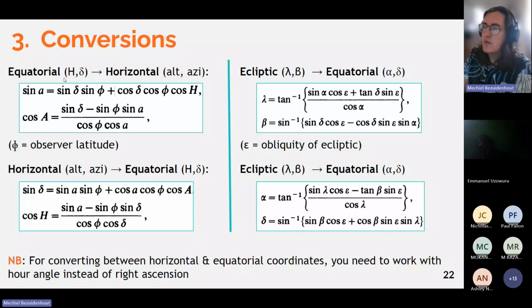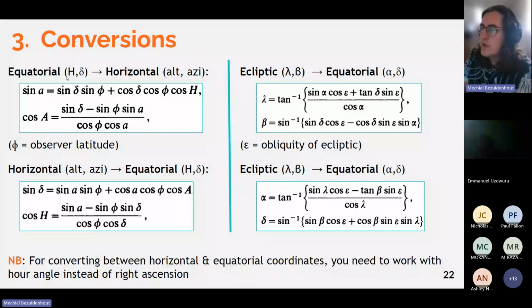When we are converting between equatorial and horizontal coordinates, as you can see, instead of the right ascension, alpha, we have to use the hour angle. And then we can use the hour angle to get back to the right ascension.